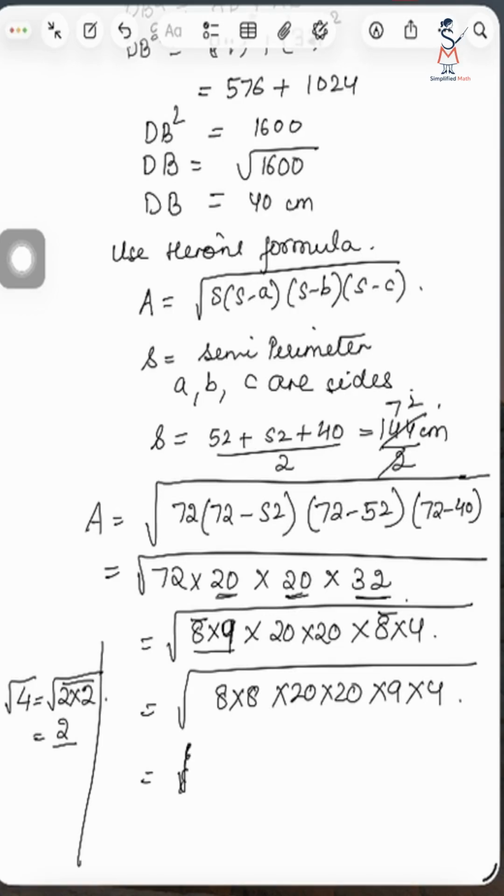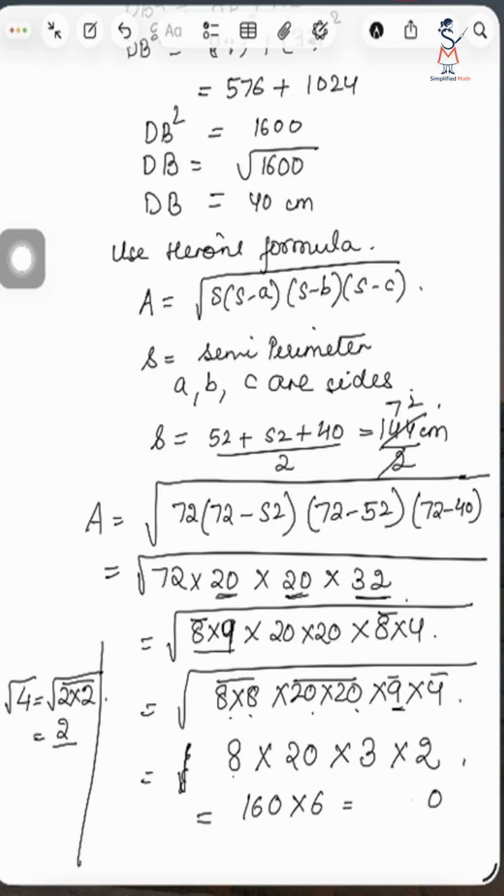So 8 is in a pair, 20 is in a pair, and the square roots of 9 and 4 we know. Out of 8 into 8, I'll take one 8. Out of 20 into 20, I will take one 20. The square root of 9 is 3 and the square root of 4 is 2. So this will come out as 8 into 20 into 3 into 2. Now let's calculate it. 8 twos are 16, 160 into 6 is 960 centimeter square.